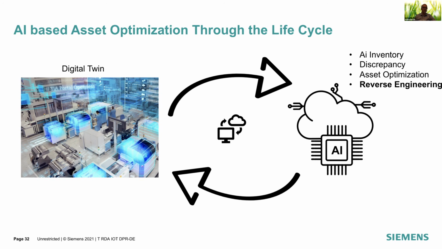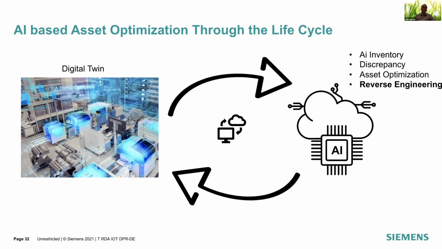Of course, if we include more sensory information, because every one of the machines has a lot of sensors connected, and they constantly provide different kinds of measurements, this information can be fed back to the digital twin, and then the optimization can be performed. This is the loop which happens here.